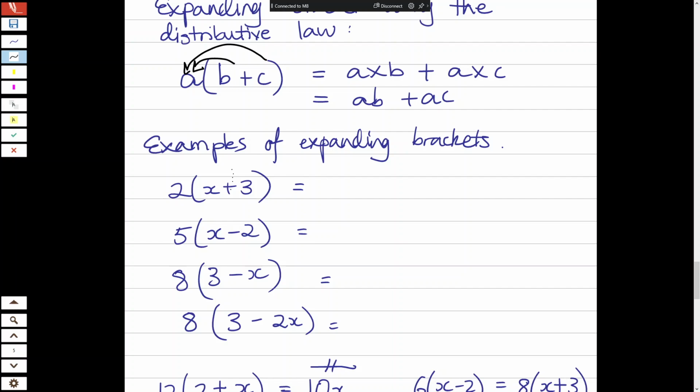All right, so let's just do a few examples. 2 times, this time I've got an x. X plus 3, what's my answer going to be? Very good. All right. Someone different. AJ, what do you think? 5x minus 10. Great. Mac?